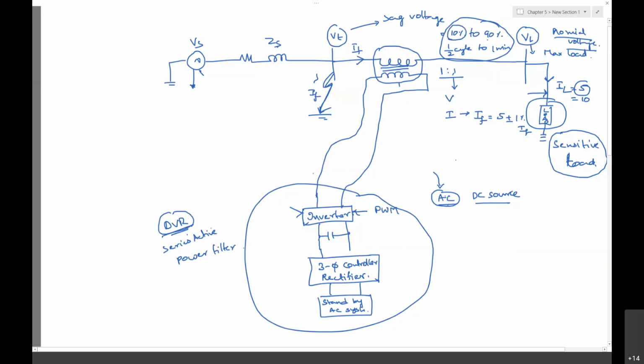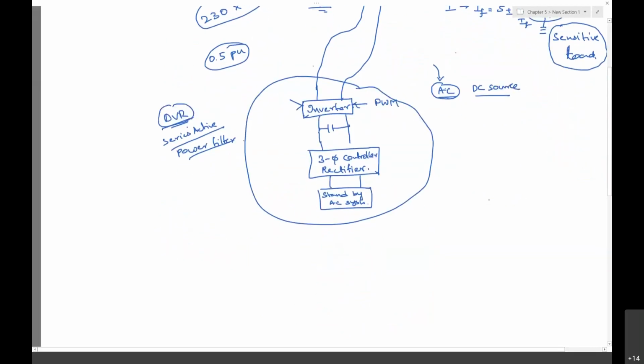Generally, in the literature, the DVR supports a voltage of only 0.5 per unit. Suppose it is 230 volts; then 230 times 0.5 is the voltage this series active power filter can correct.